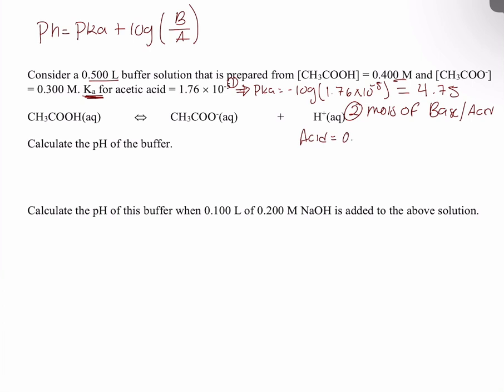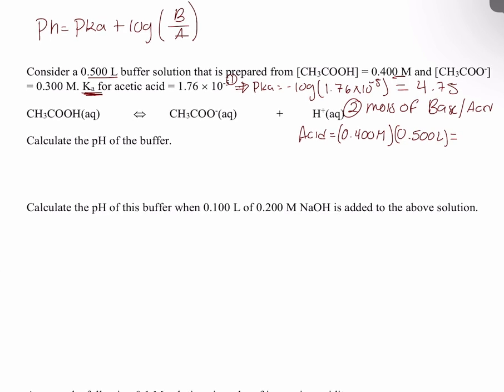So that's going to be 0.400 molar times 0.500 liters, and this is going to give us 0.400 times 0.500. We're going to have 0.2 moles of acid.